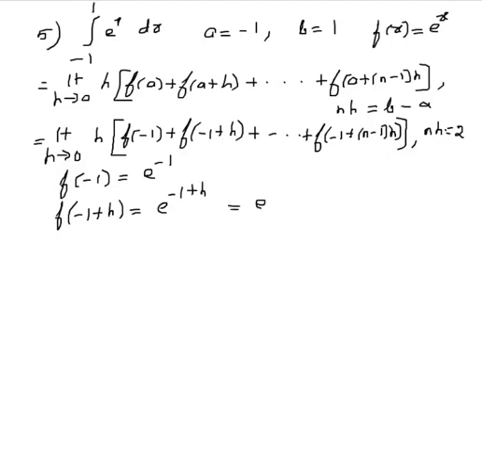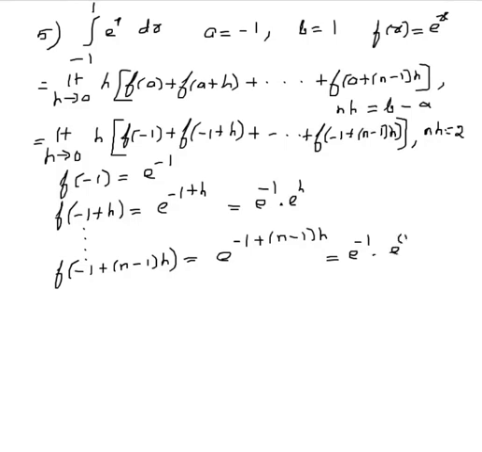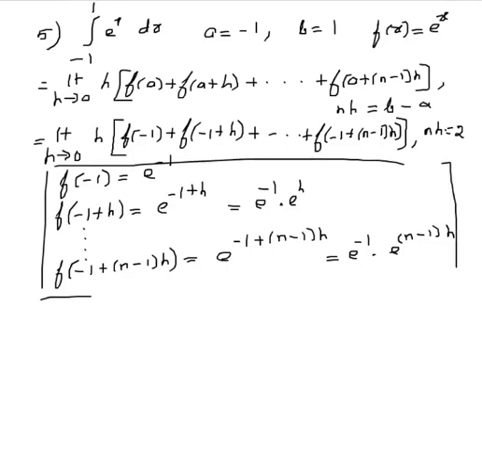I can separate this as e power minus 1 times e power h plus etc. The last term is equal to e raised to minus 1 plus n minus 1 times h, which can be written as e raised to minus 1 times e raised to n minus 1 h. Now we have to add all these expressions and substitute in the formula.